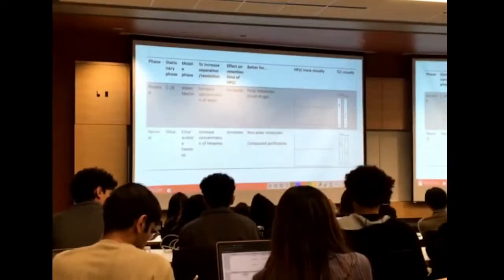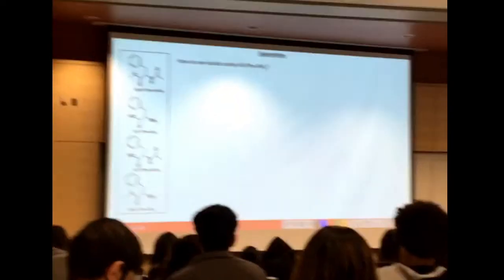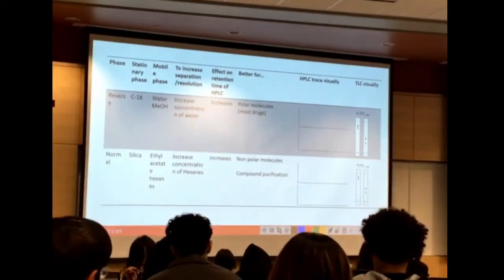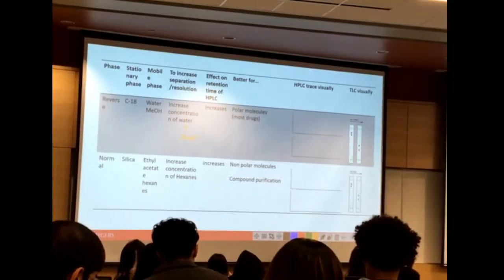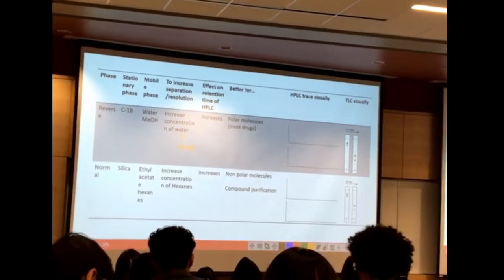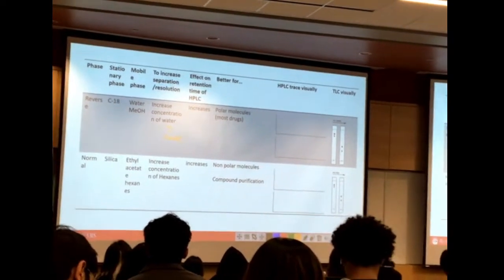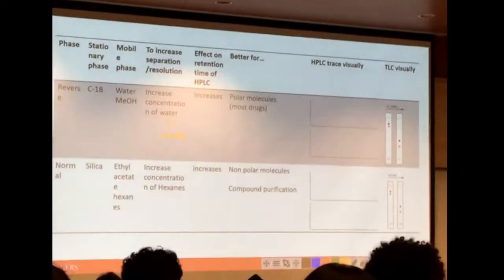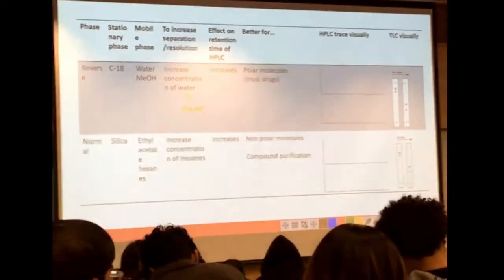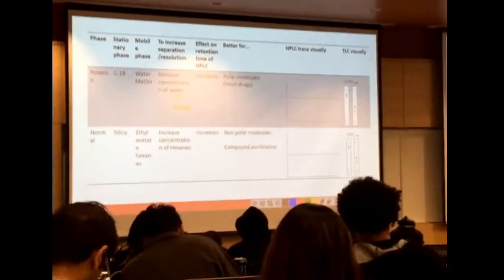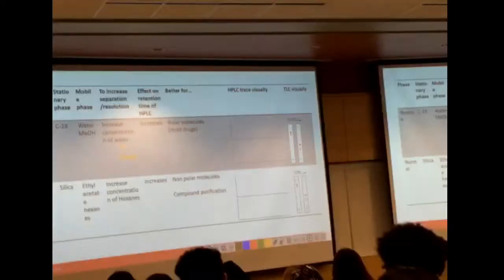Remember that increasing the concentration of water increases the more polar of the two options, and so the compounds, which have some nonpolar groups on them, want to interact with the nonpolar C18, and so they tend to stick more. Now, because of that, they separate more, but they also increase the retention time.